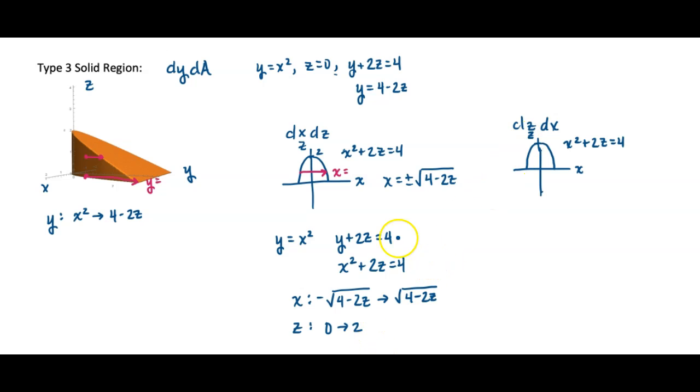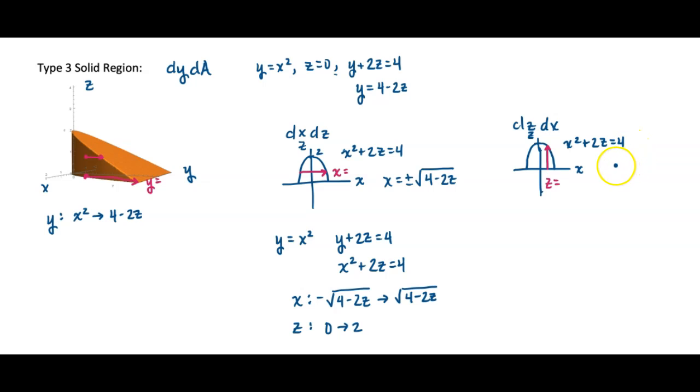When I'm looking at dz dx, that means that z is a function of x. So I'm going to draw an arrow parallel to the z-axis, and this is going to be my z equals. And so I need to rewrite this equation as z equals something.